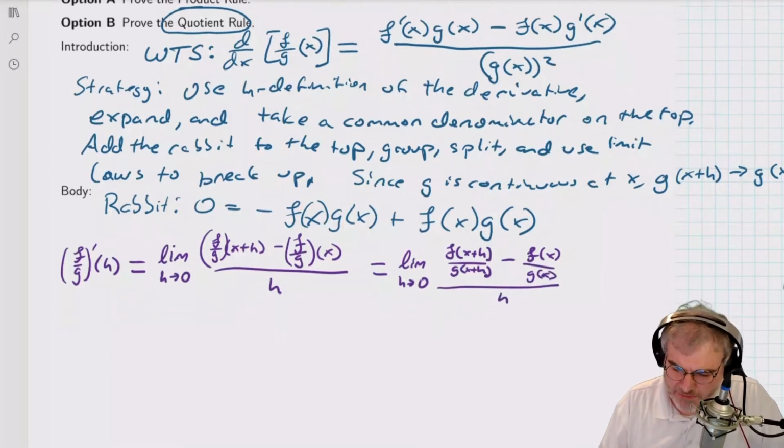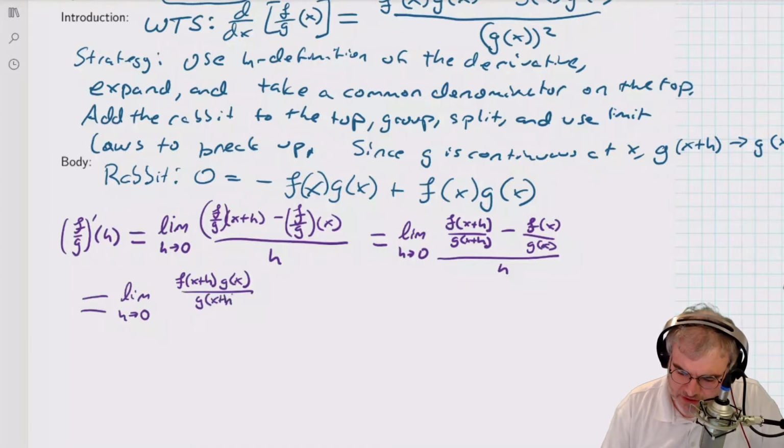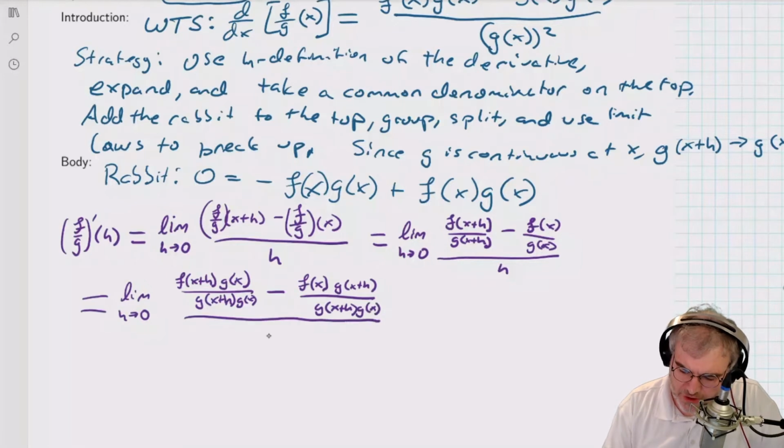Now I'm going to take a common denominator like I said I was going to do. And when I do that, I get the limit as h goes to 0 of f of x plus h times g of x, all over g of x plus h times g of x, minus f of x times g of x plus h, over g of x plus h, g of x, all over h.